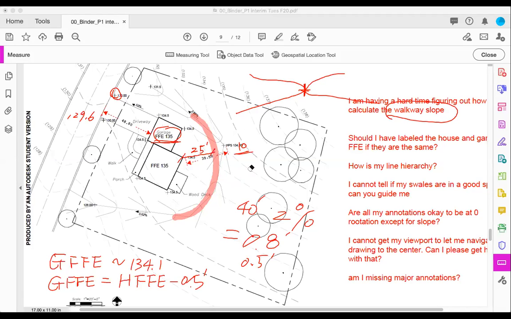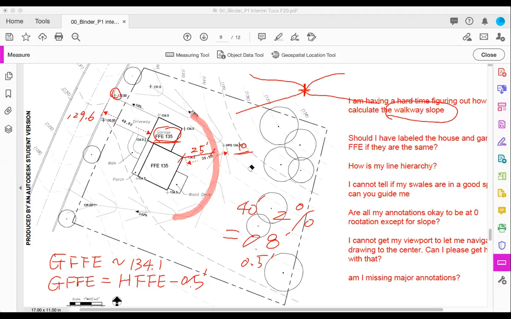The other thing is, now you have the V-shaped contour, but it cannot be connected back to the original contour. If your FFE is 134 something, your first contour of 134 will wrap around the building.